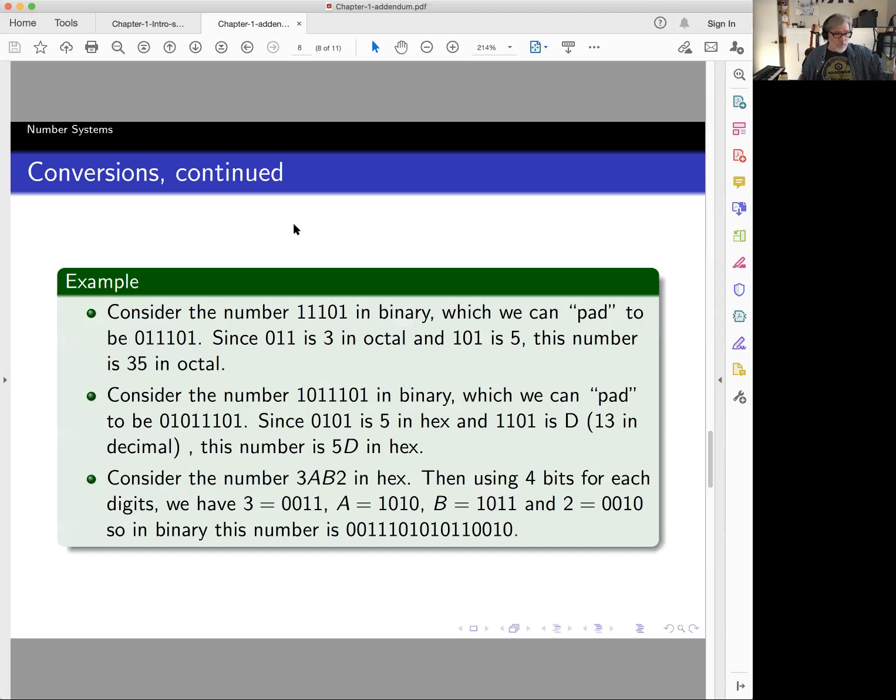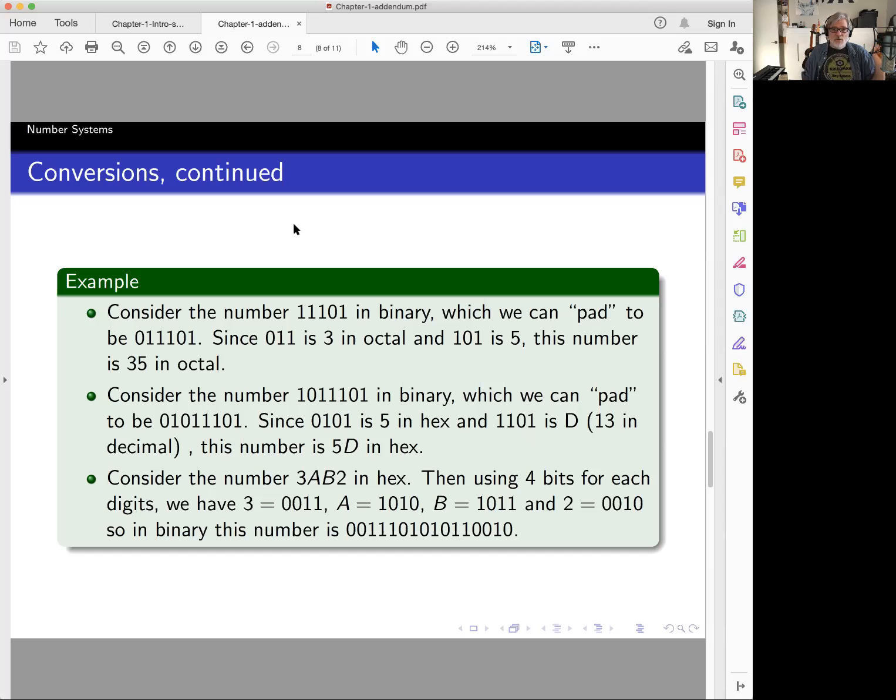Okay, so look at the number 11101 in binary. I'm going to just add a 0 in front so that I have groups of 3 bits. So I have 011 followed by 101. 011 is 3 in octal, well, it's 3, right?